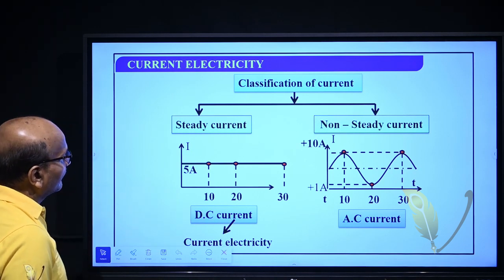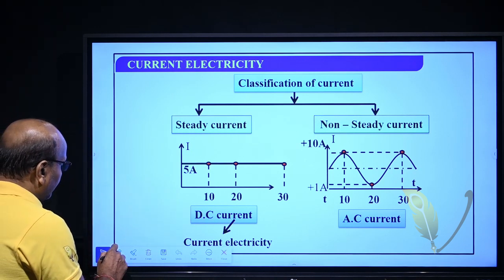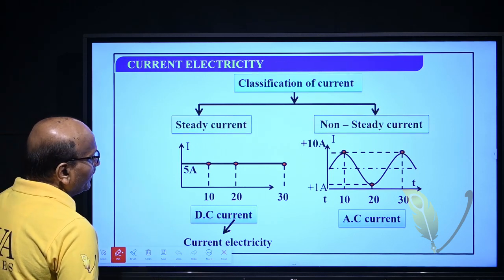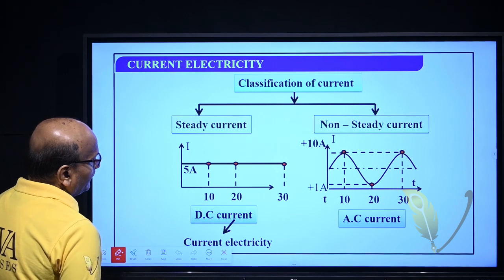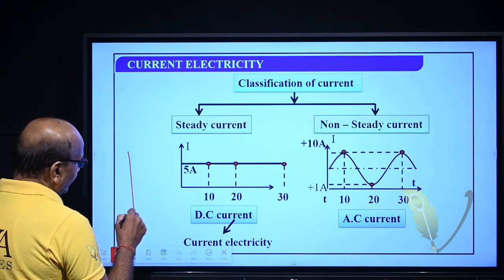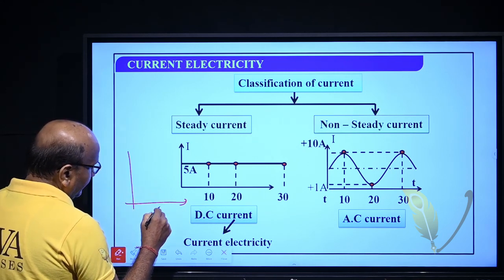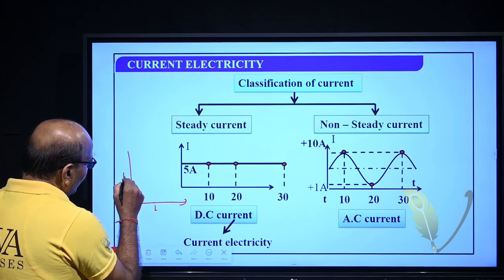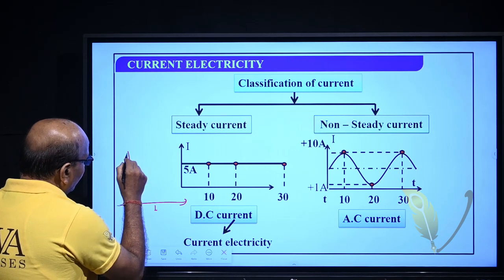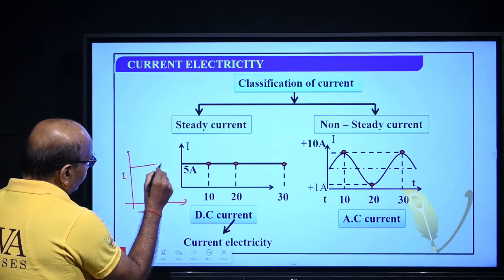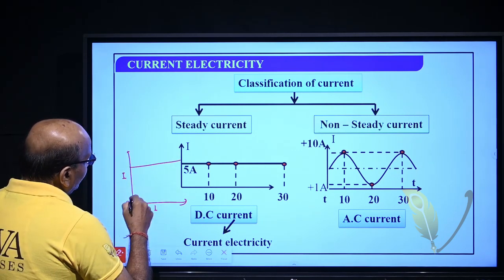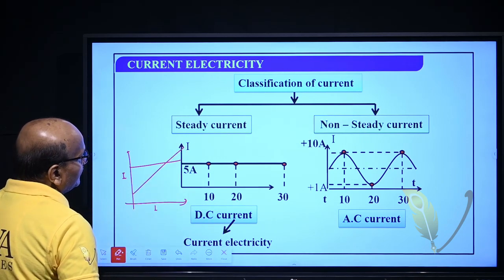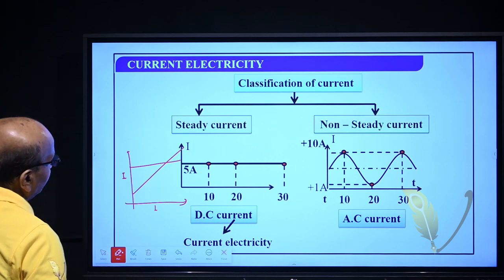The DC current may be steady current or variable current. If with respect to time the current remains constant, it is steady current. If with respect to time the current is changing in one direction, this is non-steady current.